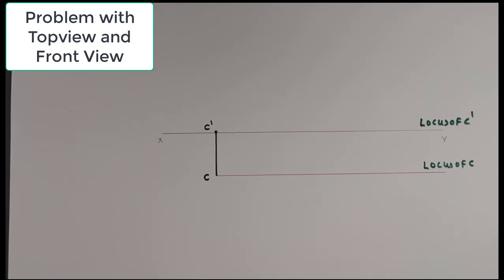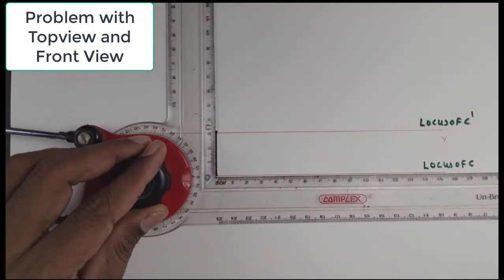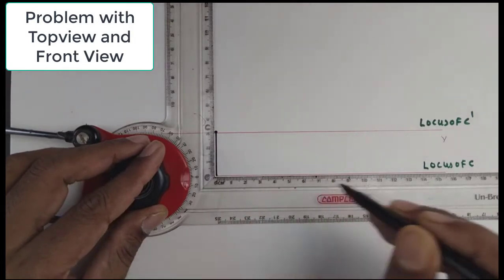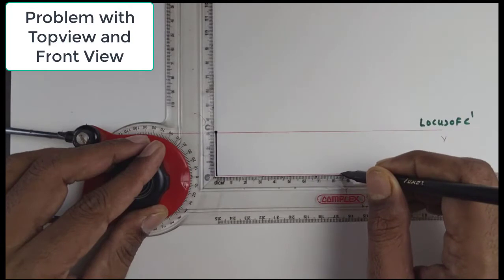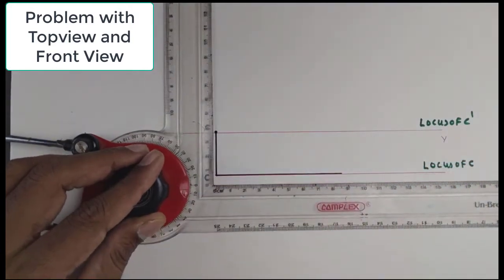Now in the problem statement, the top view length, it means CD1, is given as 85 mm. So I take the 85 and I draw the top view length.